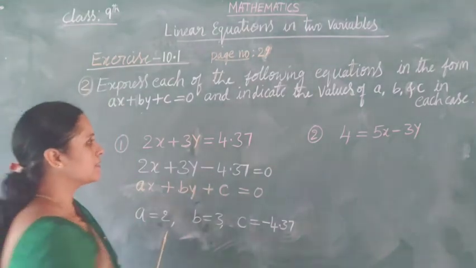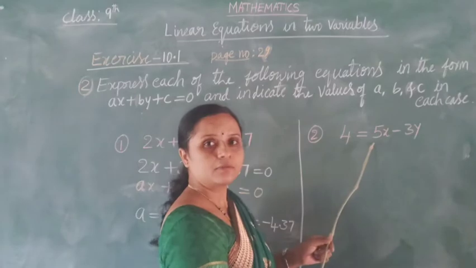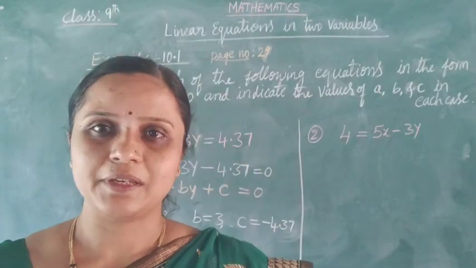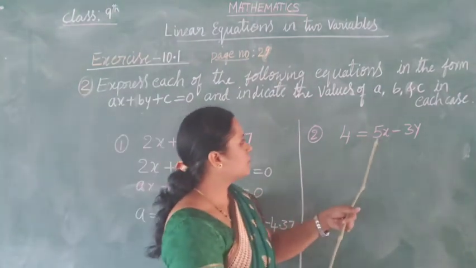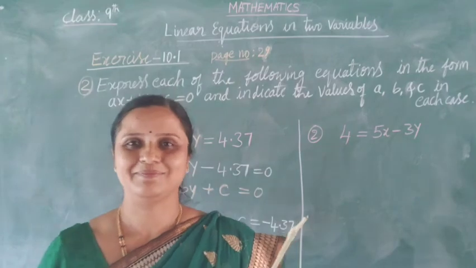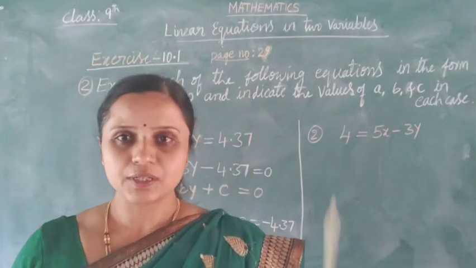Similarly I select another question: 4 equal to 5x minus 3y. Now observe the question carefully. Is it in the general form? No, it is not in the general form. So first we have to write it in general form.